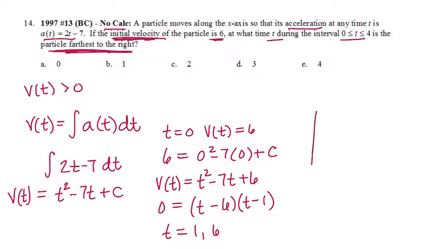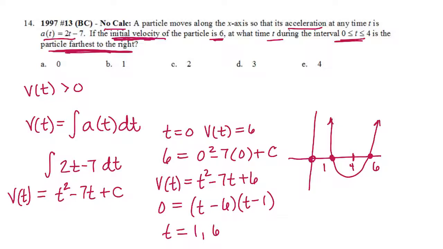And just a rough sketch here, it doesn't have to be a Picasso. So we have a parabola going on here. We know here 1, and we cross over here at 6. And so farthest to the right over the time interval from 0 to 4. So from 0 over here to 4, so somewhere about a little bit past half, there's your 4.